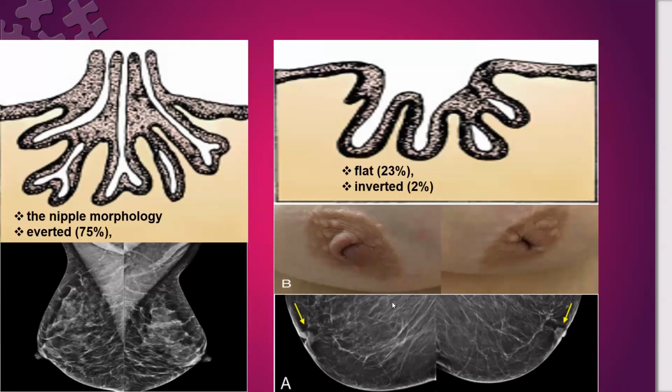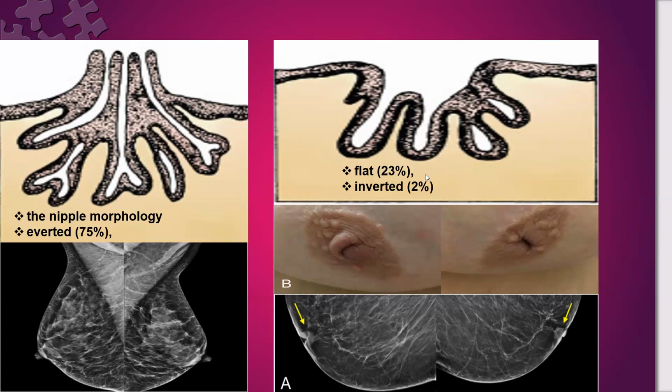This one, you see, when it failed, when it is like this, congenitally not getting everted, this is the original one. And this, you see, during the development, it gets everted. So expected in 2% to persist inverted.